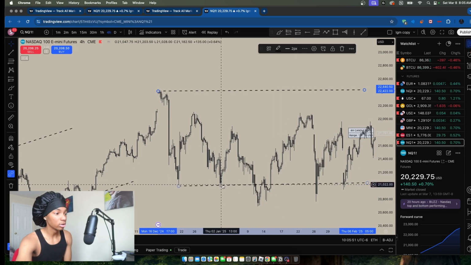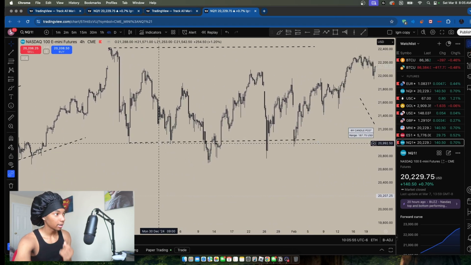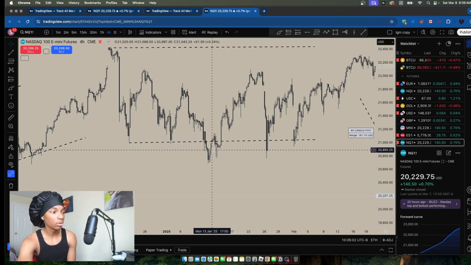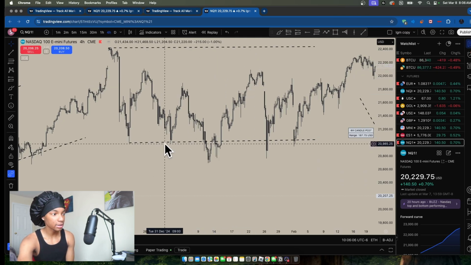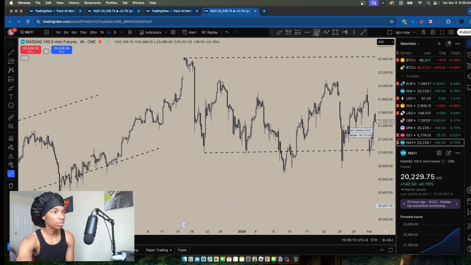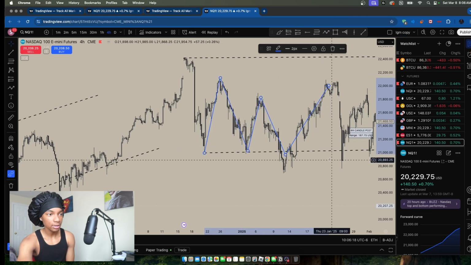Okay, because once we bounce on this line, as you can see, when we come down to this line right here, or these lows, we bounce off of it. We use this area as support, and it's proven because we have had multiple instances where we come up from it, go back down, come up, go back down, come up, and so on and so forth.